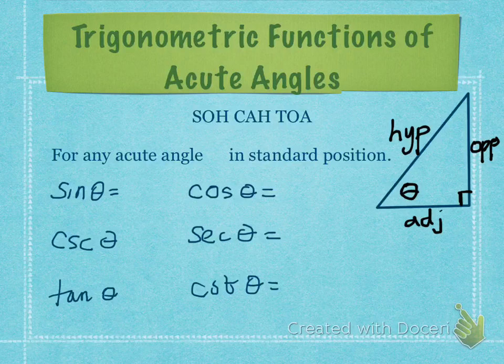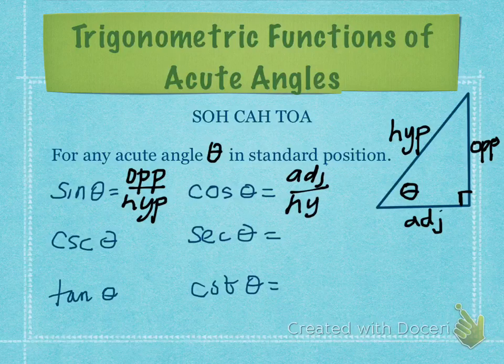In relation to this description for the acute angle, theta, sine of theta is the opposite over the hypotenuse, hence SOH. Okay, the CAH is for the cosine. The cosine is the adjacent over the hypotenuse.